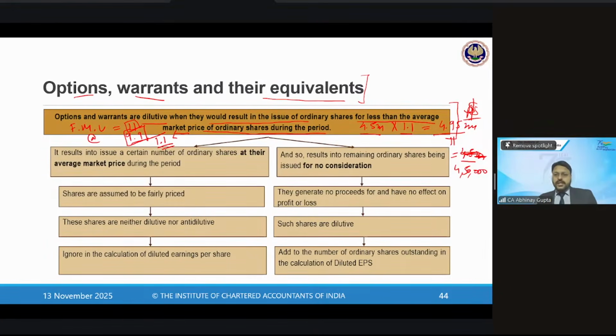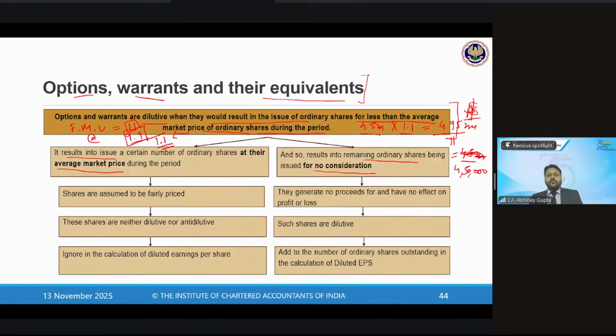Now, another doubt comes: are 4,50,000 shares getting issued, or 45 lakh shares getting issued? The standard says whenever shares are issued to any option holder or warrant holder or any other equivalent instrument holder, there are actually two transactions happening. Number one, some shares are getting issued at the average market price, and some shares are getting issued for no consideration, because he is getting the shares at a discounted price.